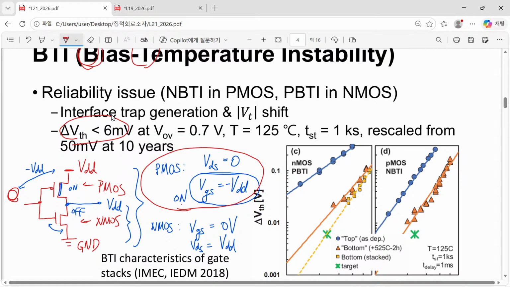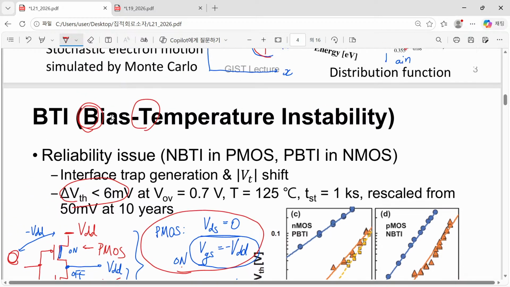Of course, rapidly is relative, so what is rapid or not? But simply speaking, it means that if we apply high enough gate bias, in absolute value, and at elevated temperature, then there is instability of our threshold voltage.